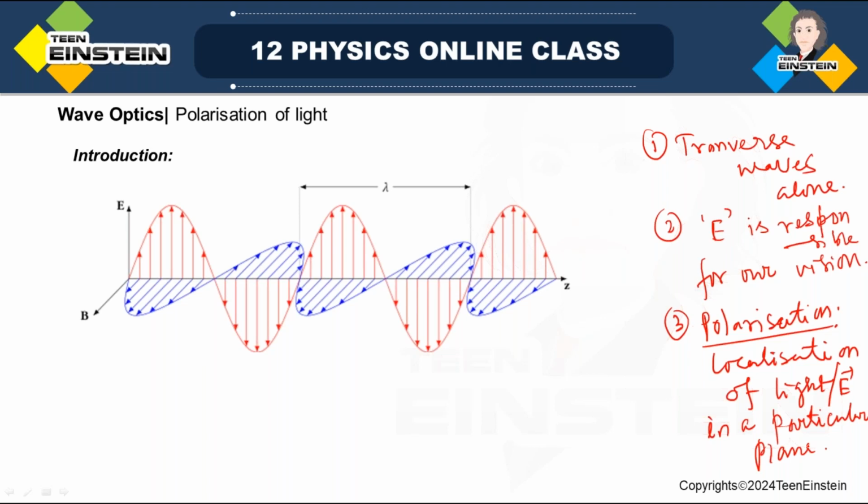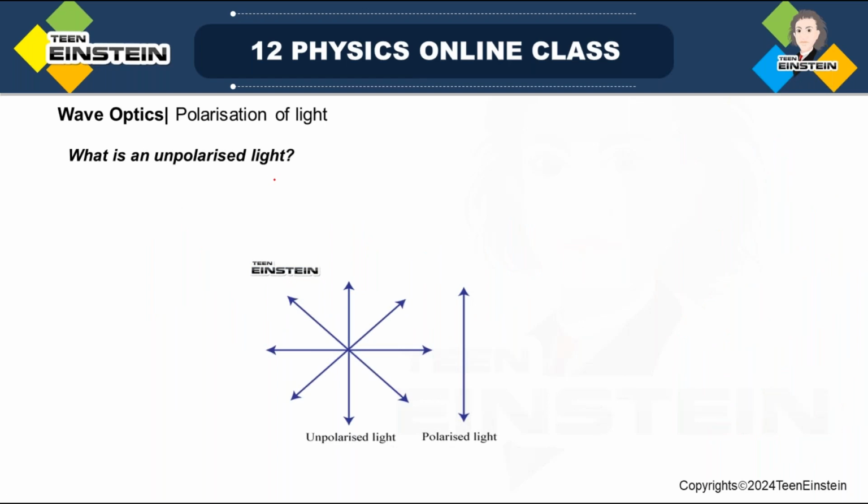All right, now we'll see what an unpolarized light is and what a polarized light is. Light coming directly from the sun may not be polarized.